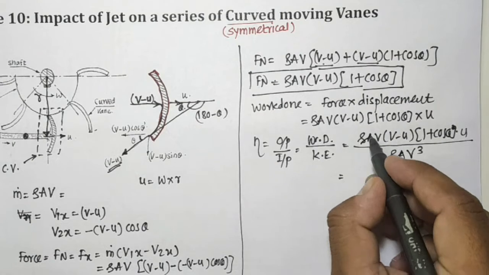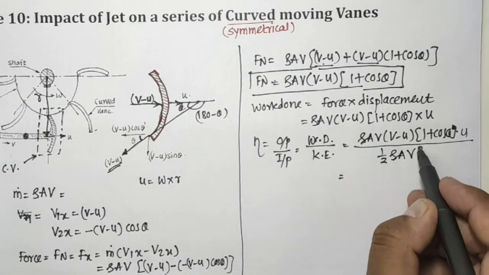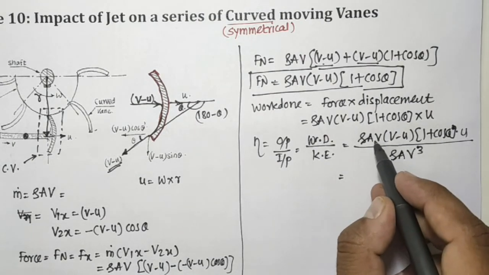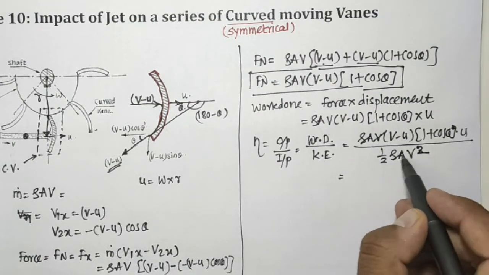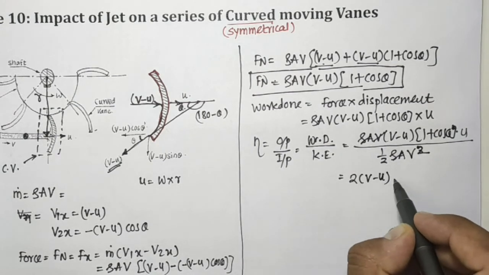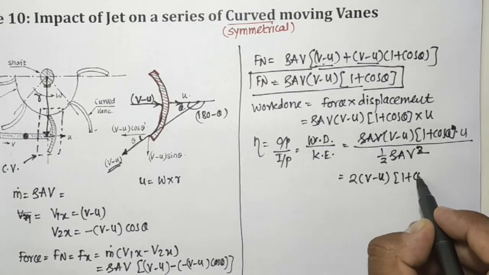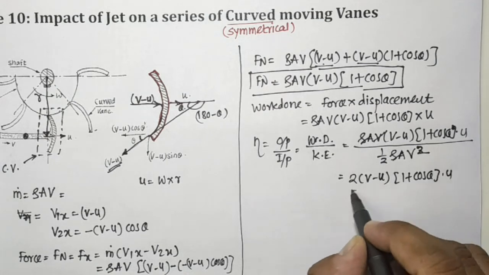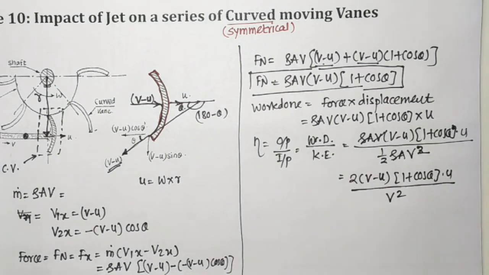So this rho a gets cancelled out. Instead of v cube we will have v square, and rearranging that equation it will be 2 into (v minus u)(1 plus cos theta) bracket complete into u divided by v square. This is the formula for efficiency.